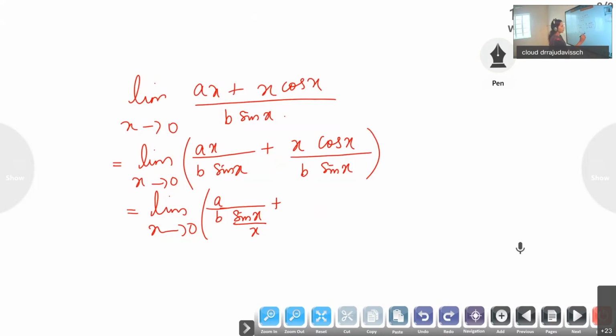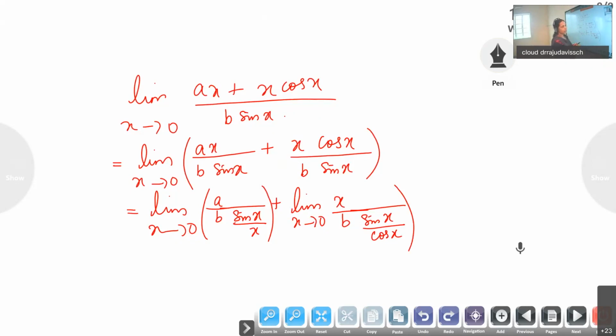Plus, I am splitting the limit also. Limit x tending to 0, x by b into sin x by cos x. Is it clear, children?